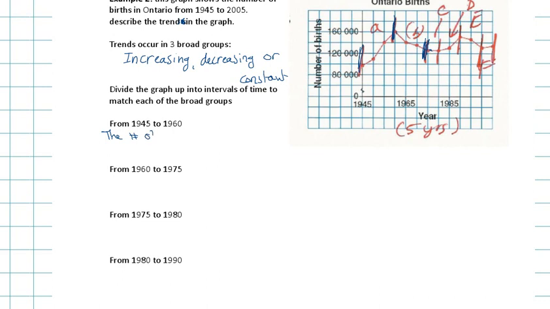So that's every year they had 160,000 births in Ontario.